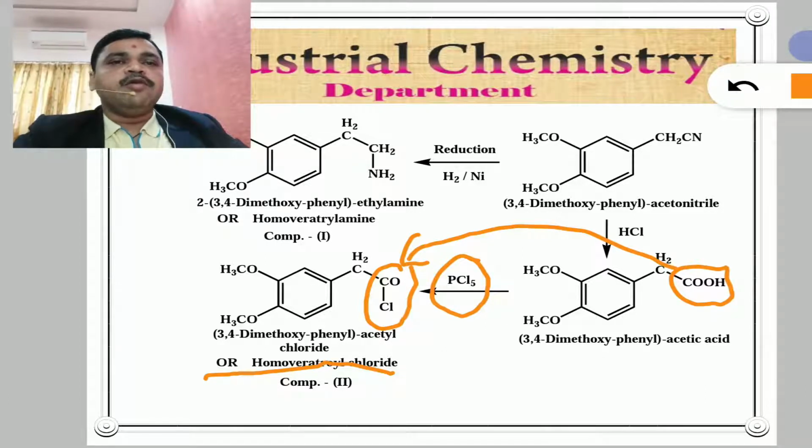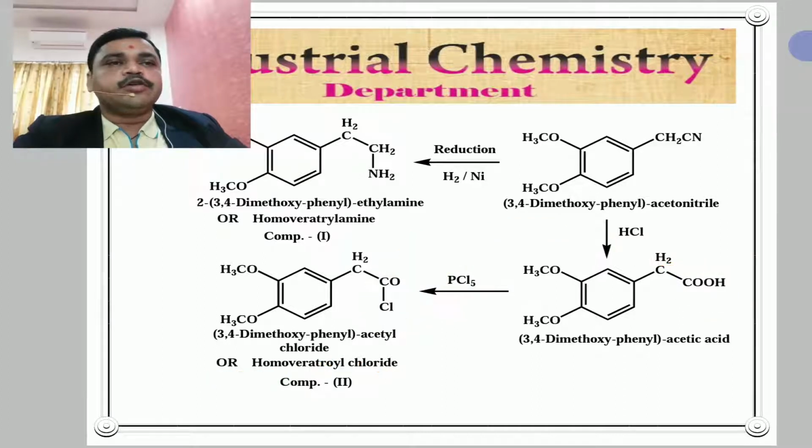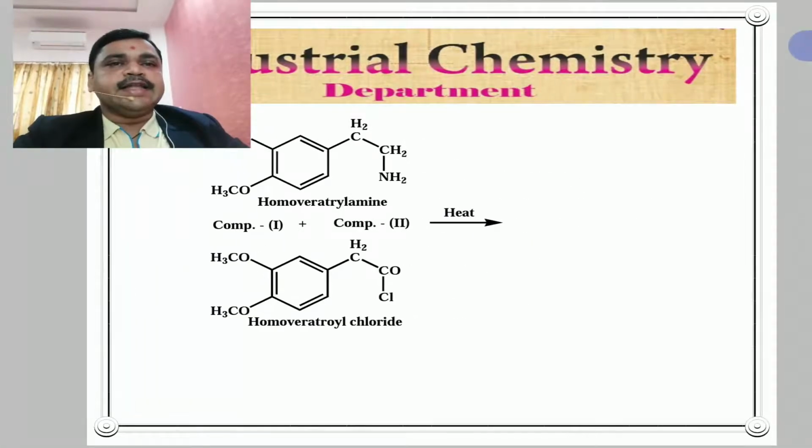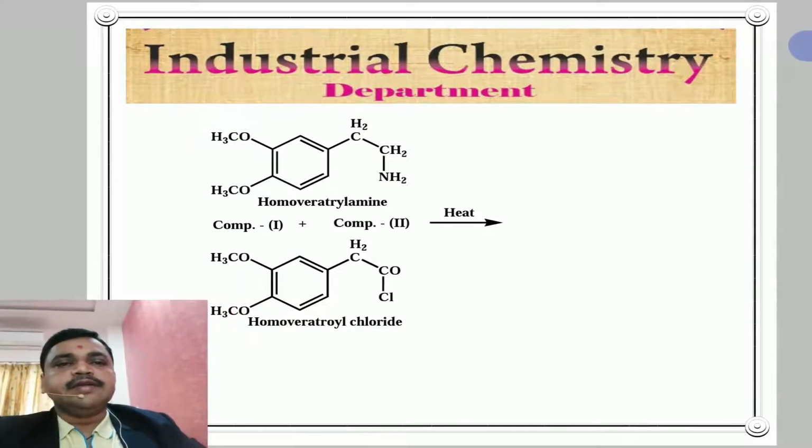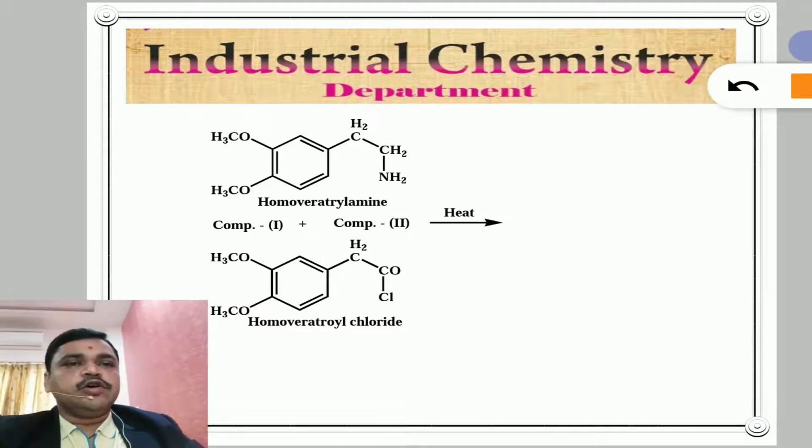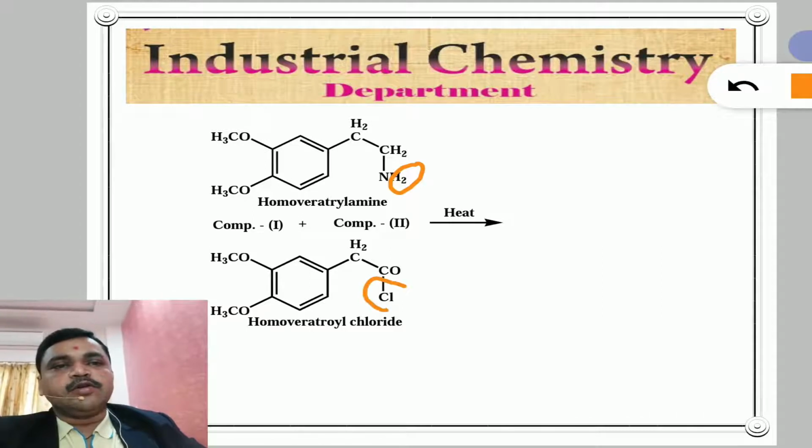Now, compound number 1, homoveratrylamine, and compound number 2, homoveratryl chloride, are condensed. Condensation takes place: hydrogen from here and chlorine from here, with removal of HCl. Homoveratrylamine and homoveratryl chloride are treated as condensation.